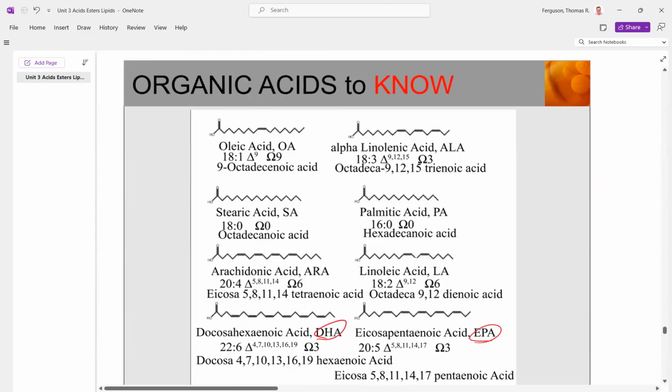So let's look at oleic acid. Okay, so this is the IUPAC name. That's the common name.